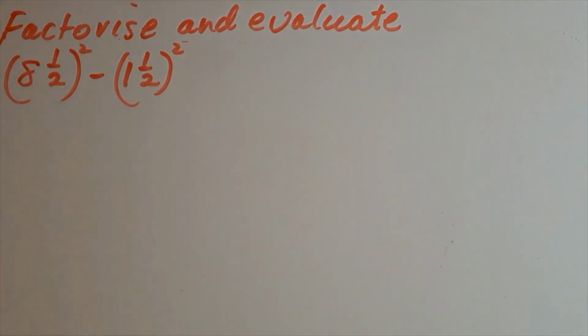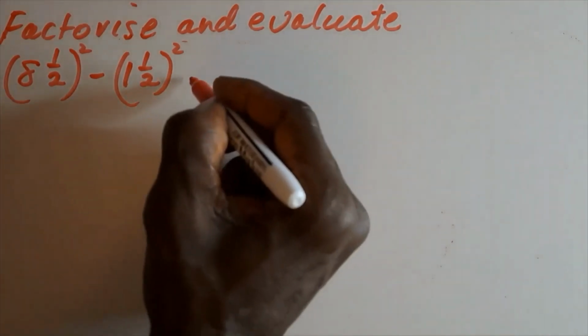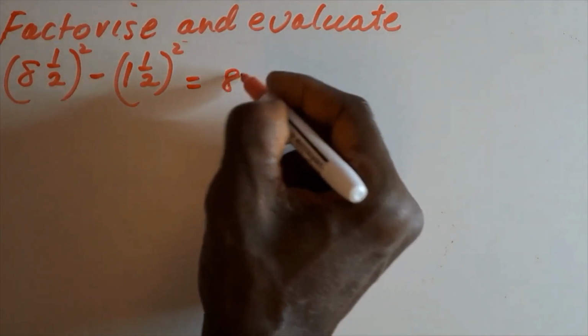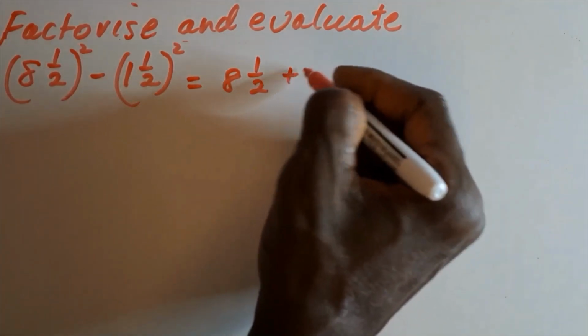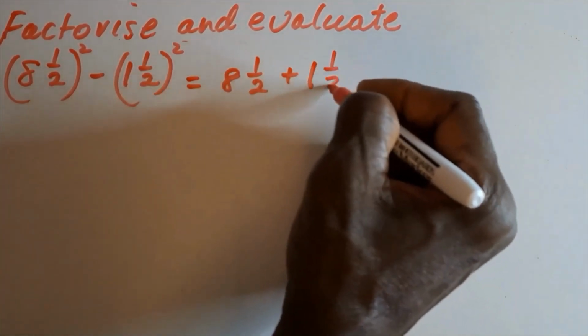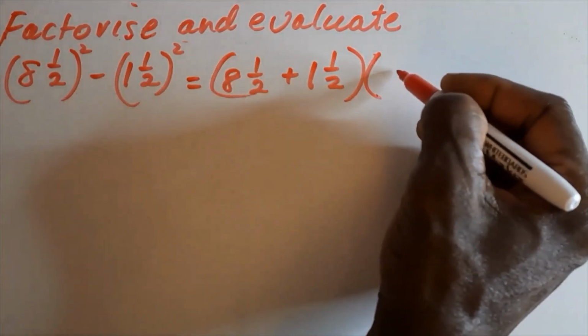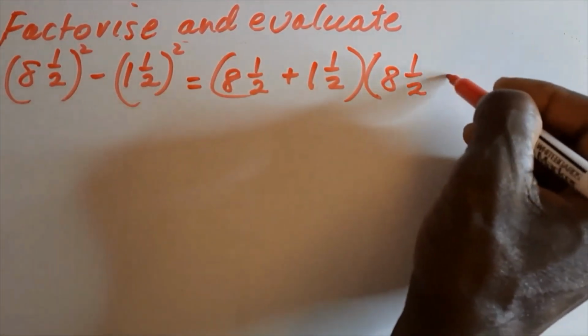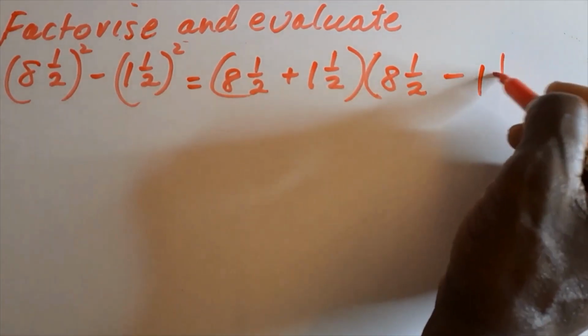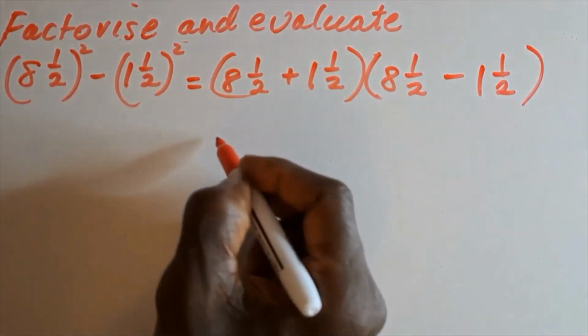Next we have 8.5 squared minus 1.5 squared. Again, difference of two squares. So we have 8.5 added to 1.5, and we multiply this by the difference, 8.5 minus 1.5.